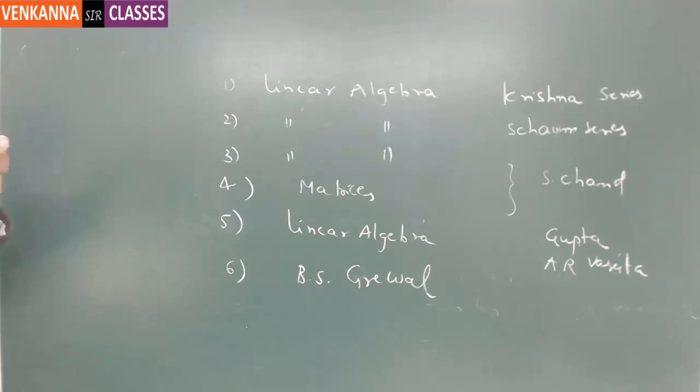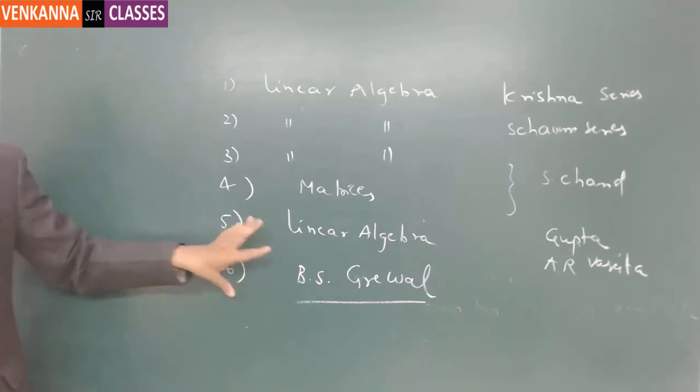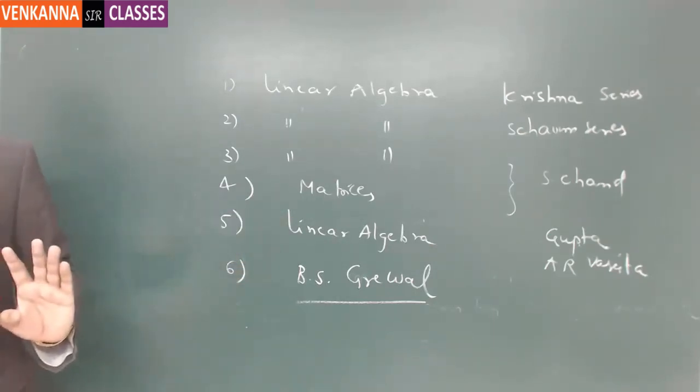One regular setback for selecting the book is, since the syllabi contains two parts, one part is vector spaces, another part is matrices. When you pick up a textbook, majority of them won't contain both. If you take the case of B.S. Grewal, it contains the part of matrices somehow, but it won't contain the part of vector spaces.